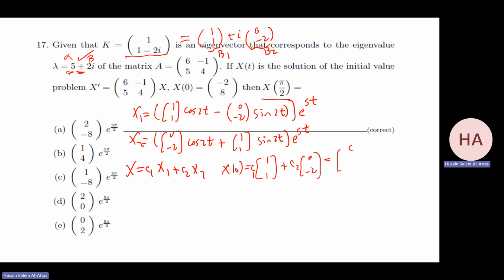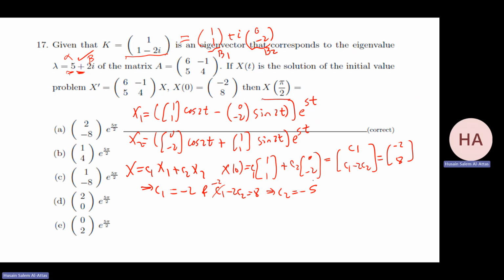That will be c1 and c1 minus 2 c2, and that should equal (-2, 8). So c1 equals minus 2 and c1 minus 2 c2 equals 8. Take the other side, so c2 equals minus 5.